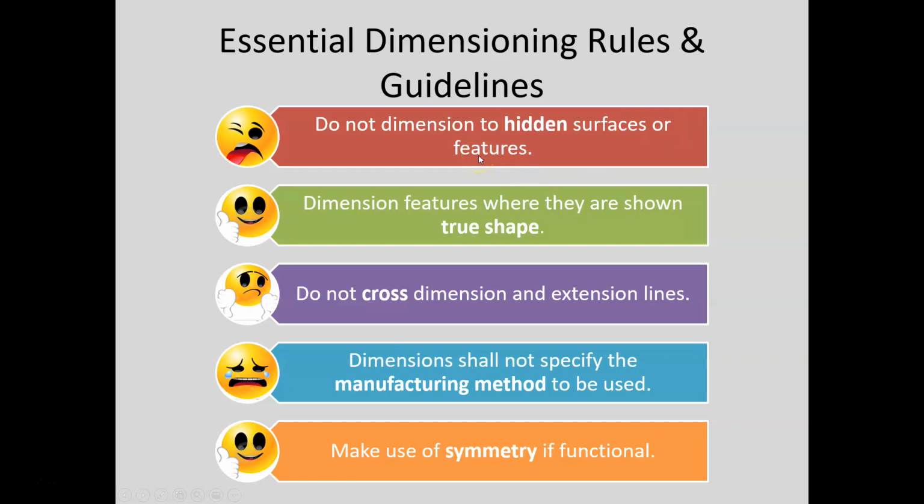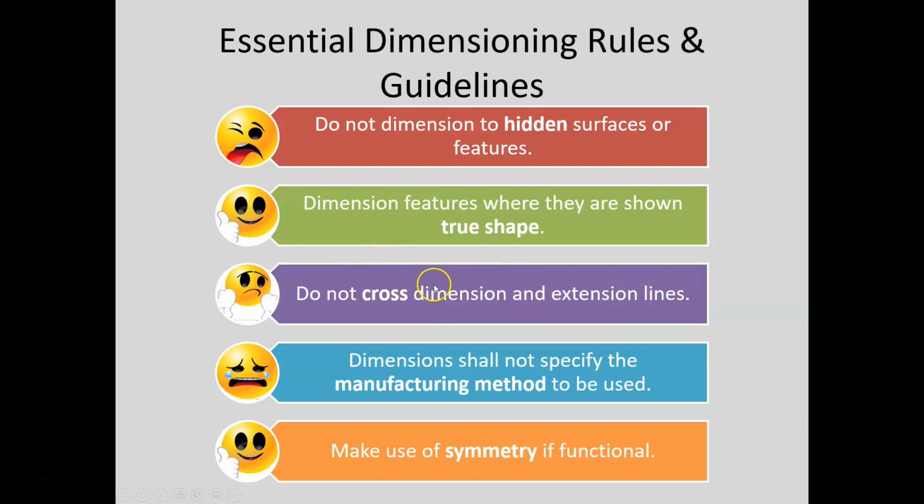That's a big no-no. Don't dimension to hidden surfaces or features. Find a view in which the feature is not hidden and dimension it there. Dimension features where they are shown true shape, right? So if a feature is distorted, then maybe you need to use an auxiliary view or just find another view where it's not distorted.